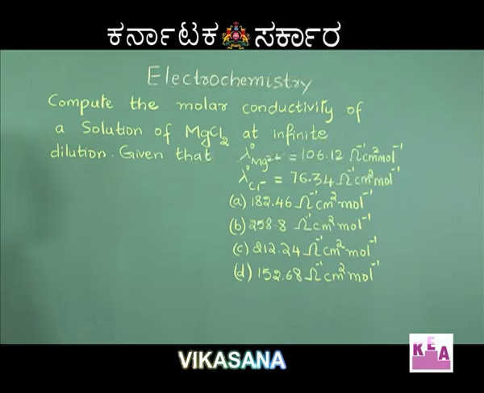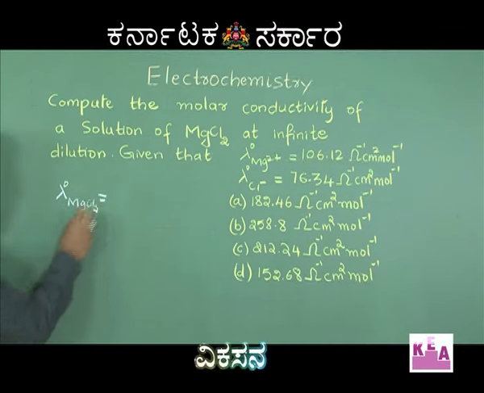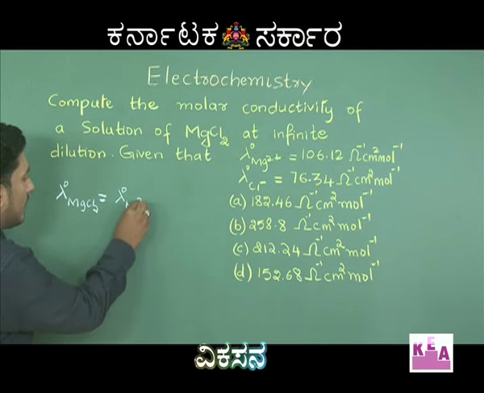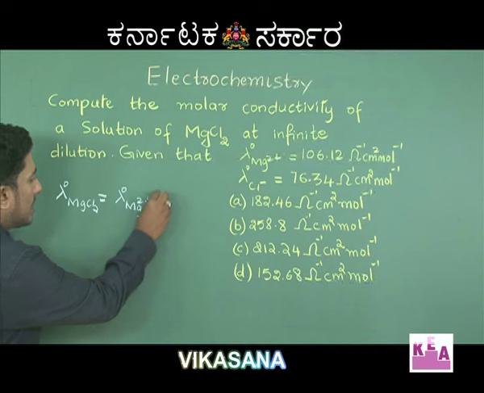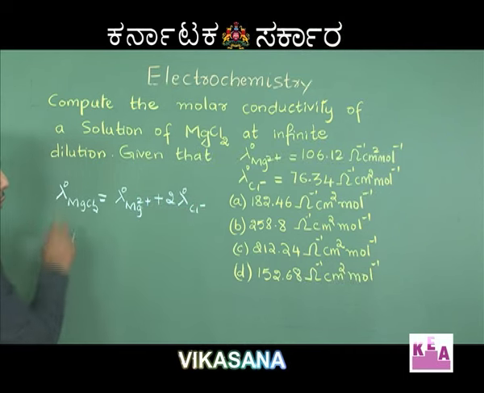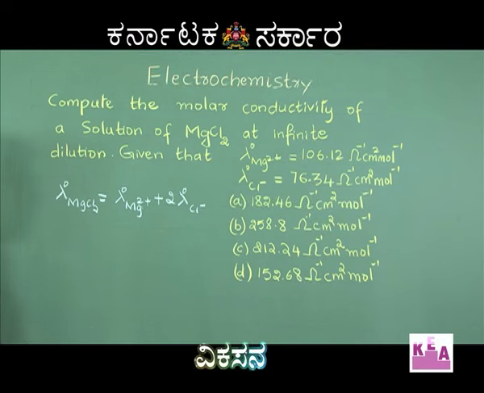Molar conductivity of MgCl2 can be determined by using Kohlrausch's law. According to Kohlrausch's law, lambda naught of MgCl2 is equal to lambda naught of Mg2+ plus 2 into lambda naught of chloride ions, because there are 2 chloride ions in magnesium chloride.